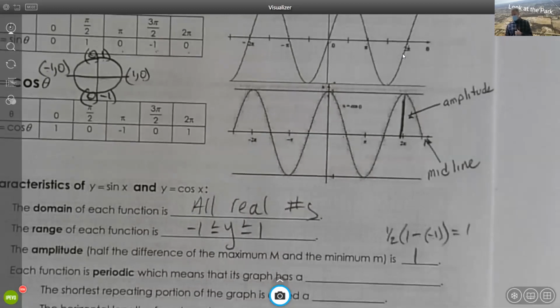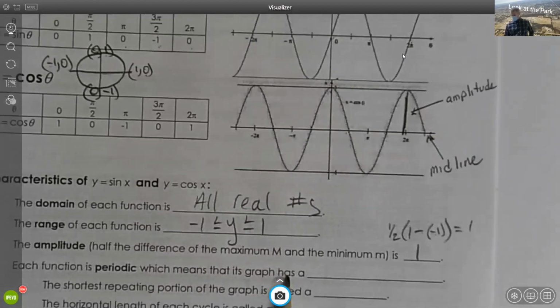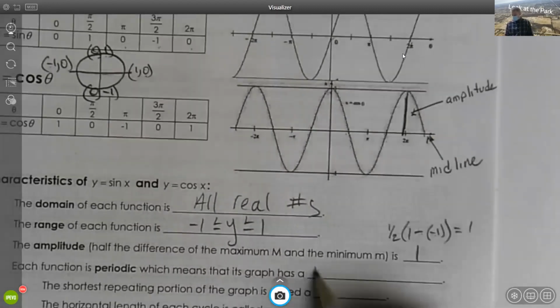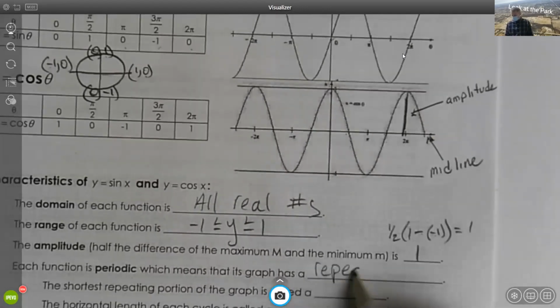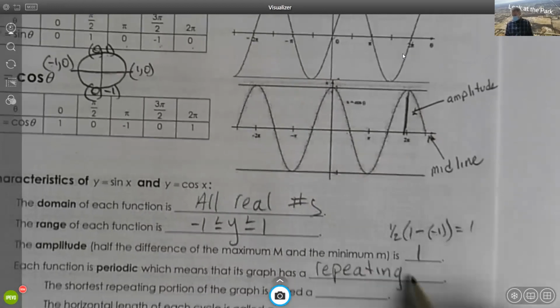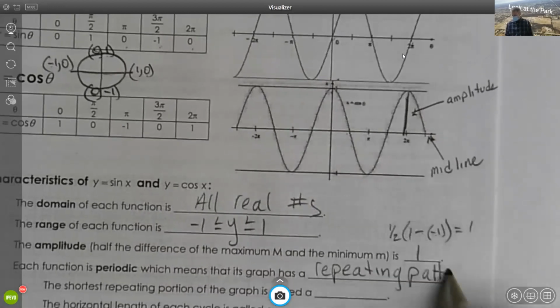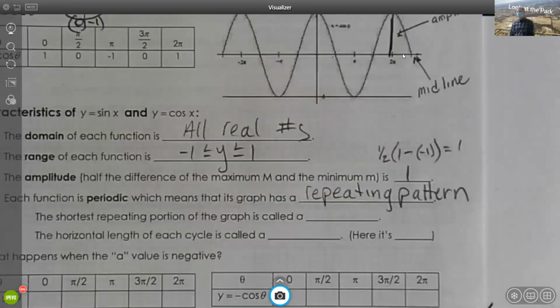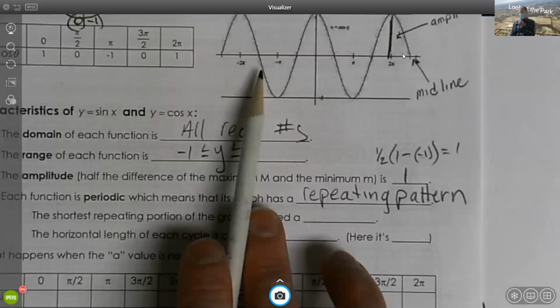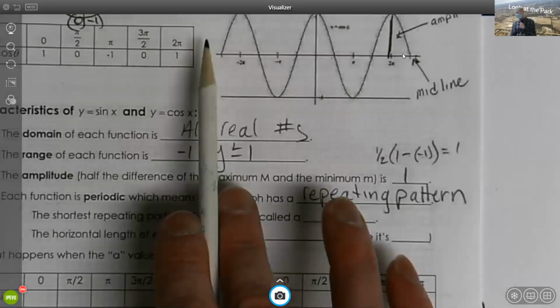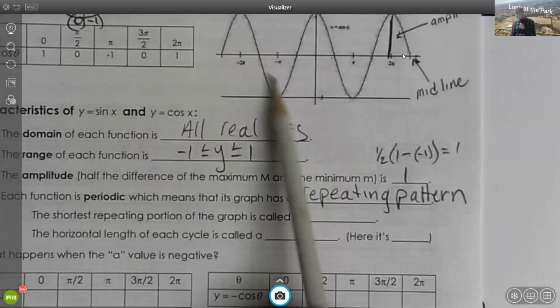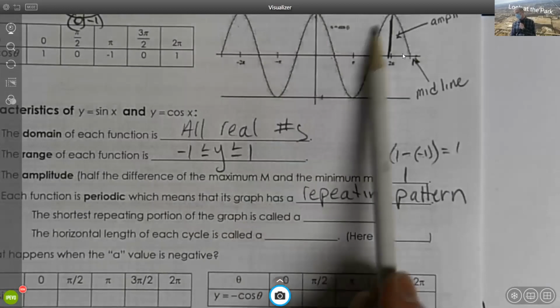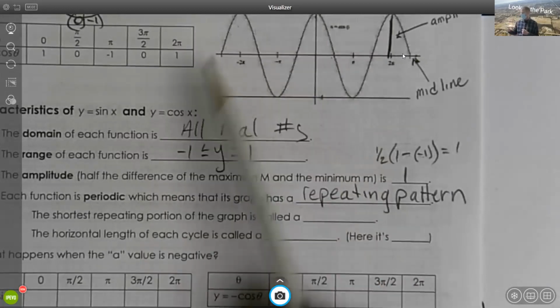Each function is periodic, which means the graph has a repeating pattern. And you can see that in the graphs that are drawn here, that it reaches the maximum every 2 pi, and keeps repeating itself as it goes through the whole unit circle.